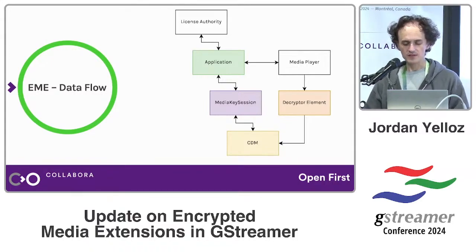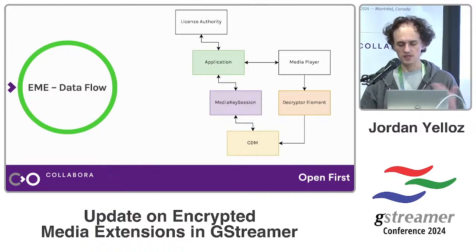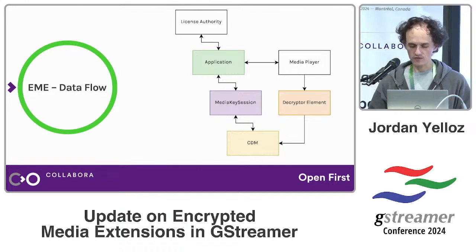Once the application gets a response, it feeds the session with the response, and that allows the CDM to do what it needs to do. Then as the media player is processing content, it asks the CDM to decrypt what it finds.